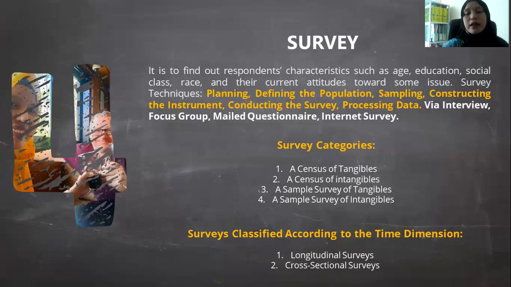But now actually, you don't need to work hard to mail a questionnaire, because if your participant is a university college student, they are familiar with the smartphone, and then you just distribute your questionnaire using Google Forms. So they can do it very quickly, and make sure that your questionnaire, your instrument, is reliable and valid.